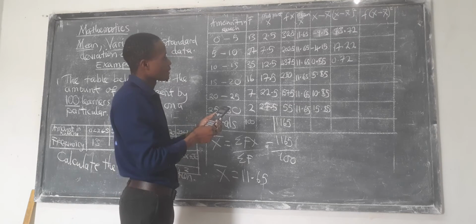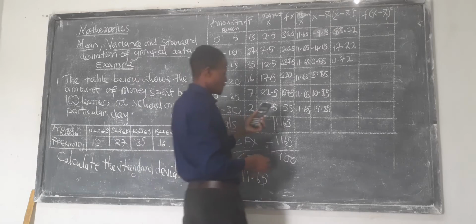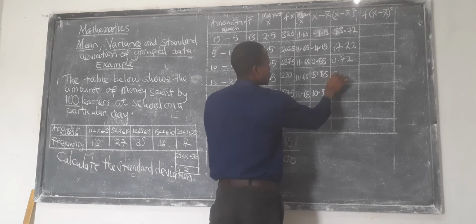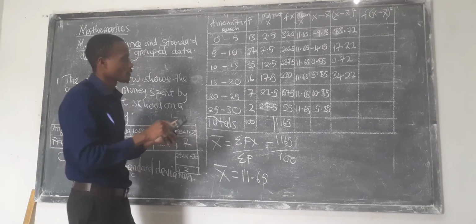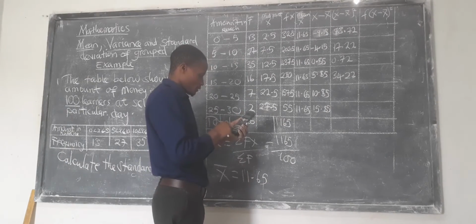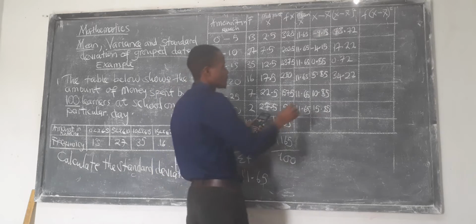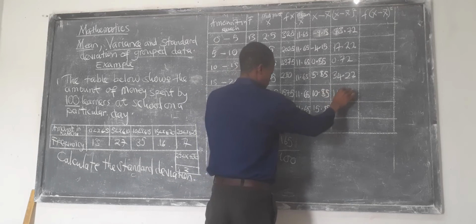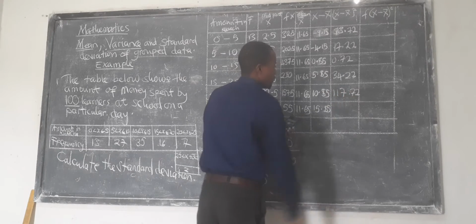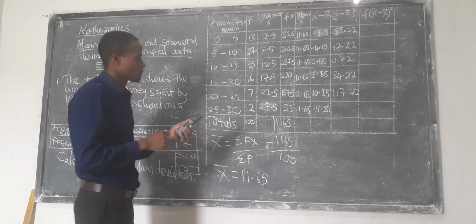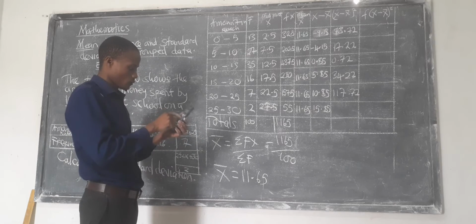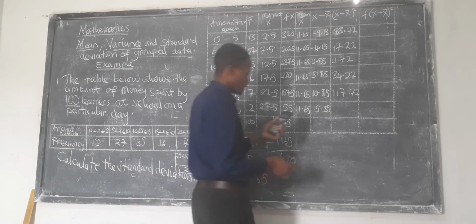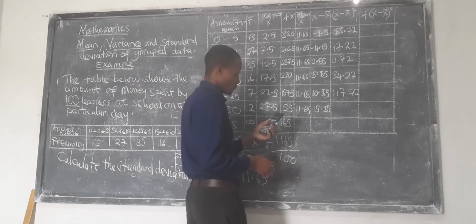Now we need to square that. We are going to get 34.22. Next, we have 10.85 squared, which gives 117.72. Next, we have the last one, which is 15.85 squared, giving us 251.22.